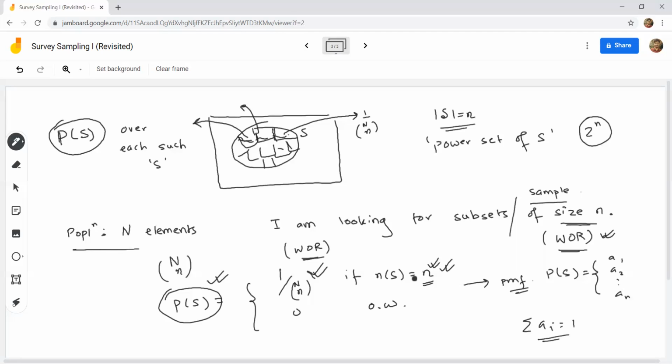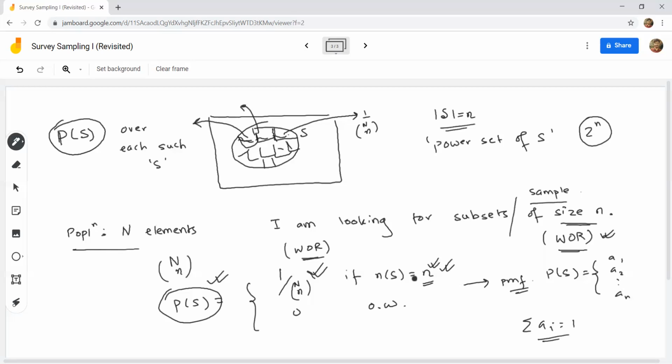So basically it is just drawing from a uniform distribution almost. If you fragment the population into these many elements and you are choosing randomly from each of these, the probability of drawing any one of them is 1 by NCn, because you have so many such samples. So this is one probability scheme. There might be any other scheme as well. This is just a distribution over the samples in the population.